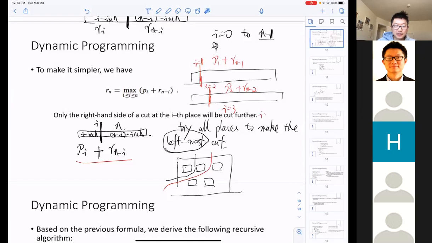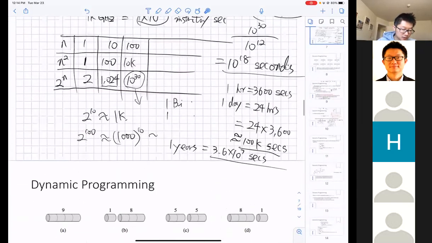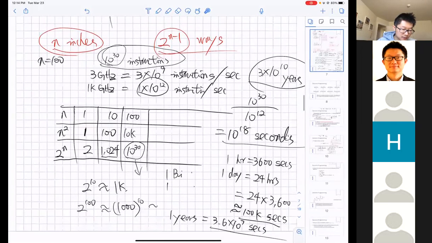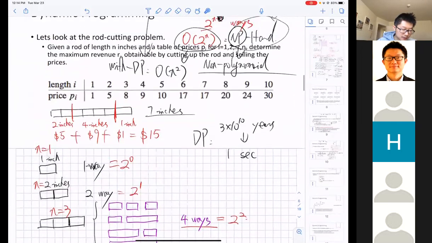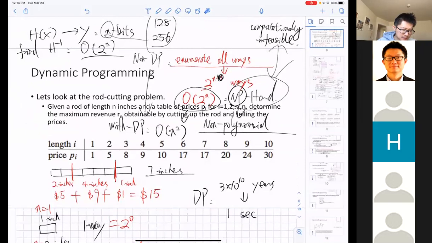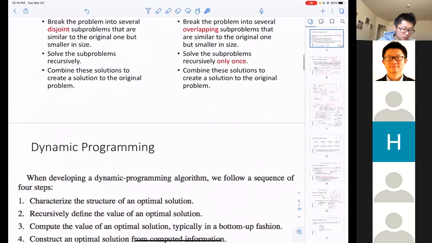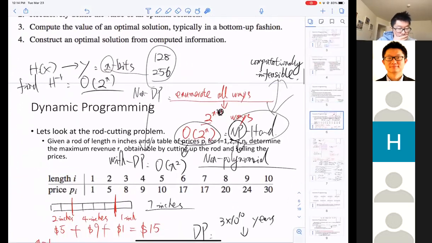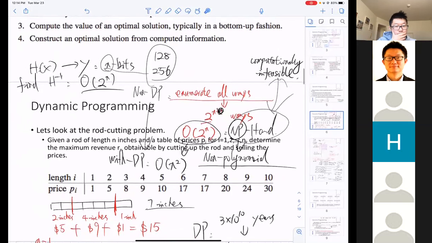Yeah, I have a question about the complexity thing. I don't really understand how the complexity is 2 to the n, and how that's NP hard. Is 2 to the n the complexity of dynamic programming?